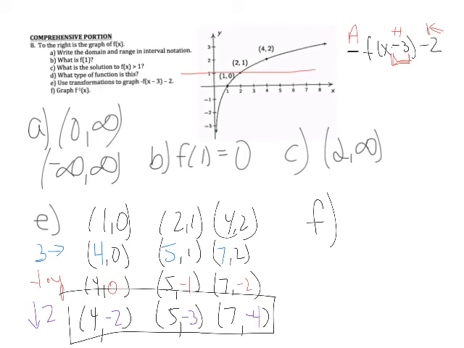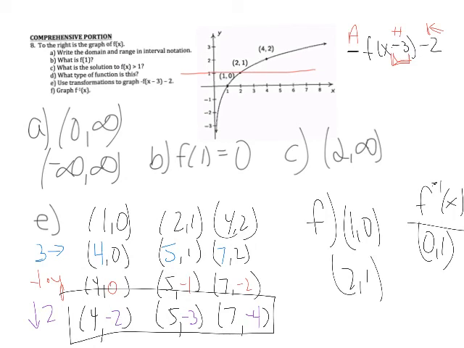So for your inverse, okay, you are just going to switch your x's and y's. So on the original, it was a (1, 0). For the inverse, it will be (0, 1), right? It was a (2, 1). For your inverse, it will be a (1, 2). And it was a (4, 2). It will be a (2, 4).